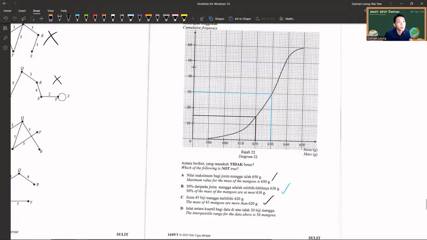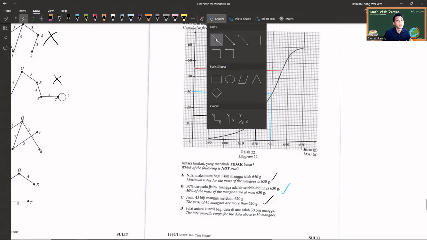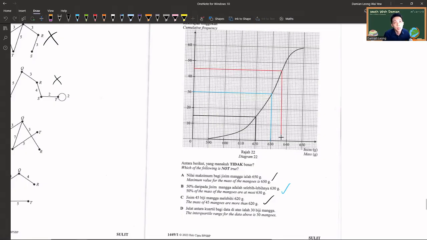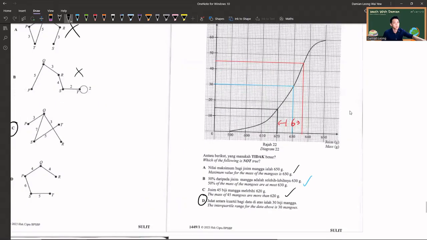So 3/4 of 60 is 45. 45 I match here and match down. I get 636. So difference here is 16. So julat antara kuartil patutnya 16, bukannya 30. So this is not true. Okay.